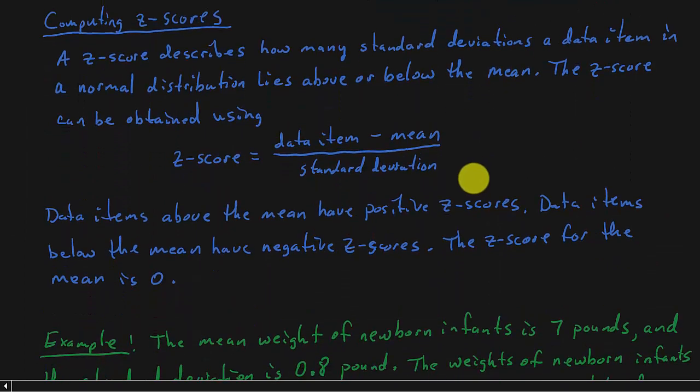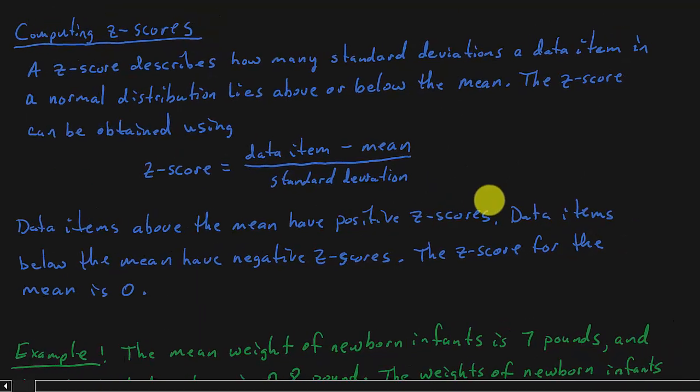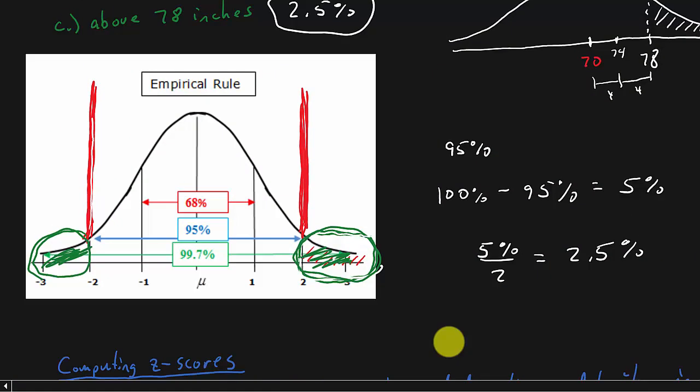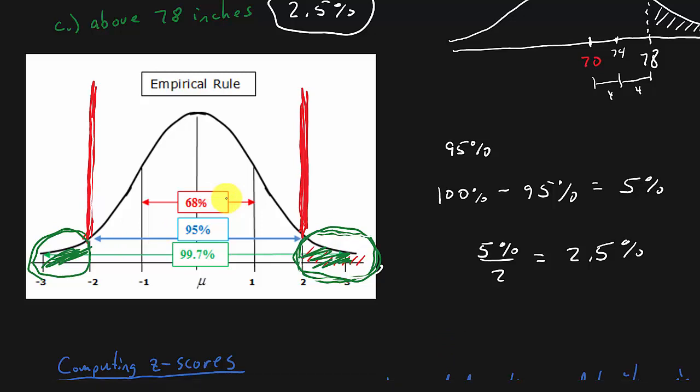Okay, so here we go, computing z-scores. Now, before we get on to this, we've been finding areas under these curves that are 1 standard deviation about the mean, 2 standard deviations, and 3 standard deviations. Okay, nice numbers, you know.